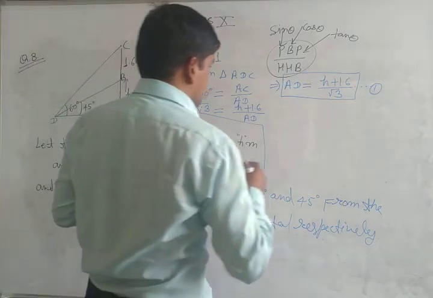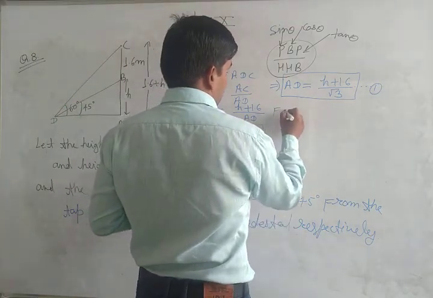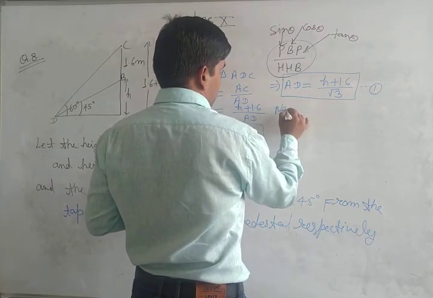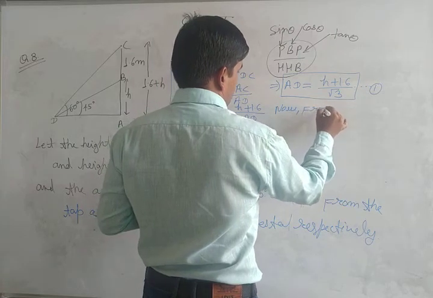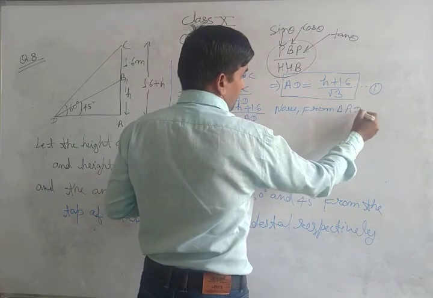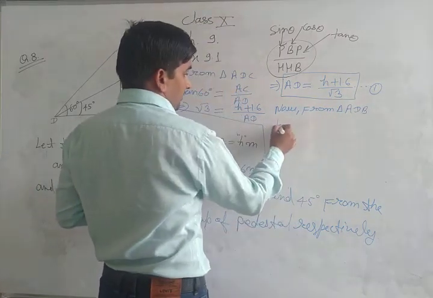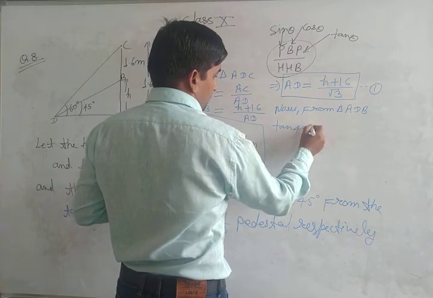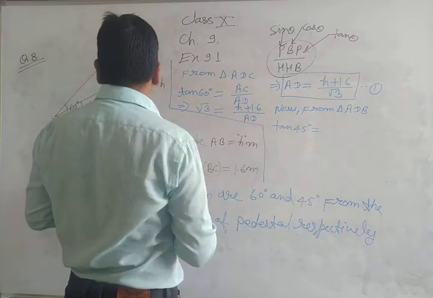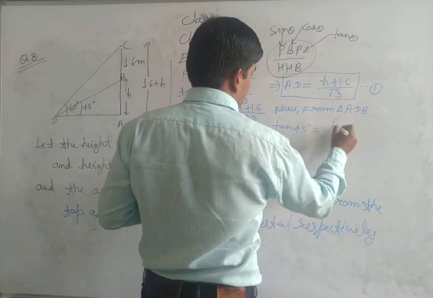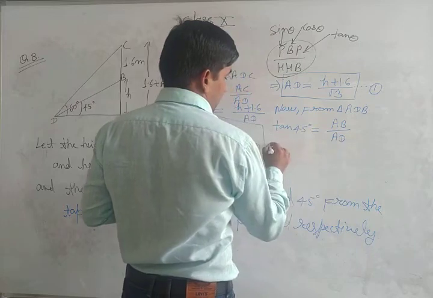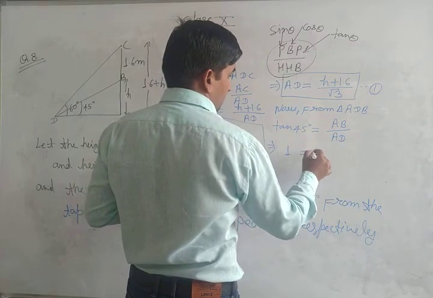Now we solve from triangle ADB. tan 45 degree equals AB upon AD, which implies this value is 1.